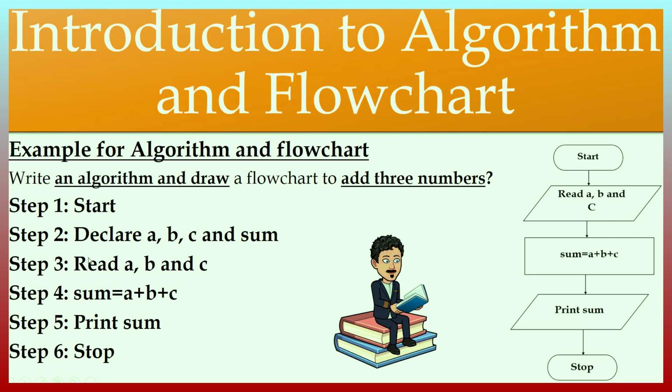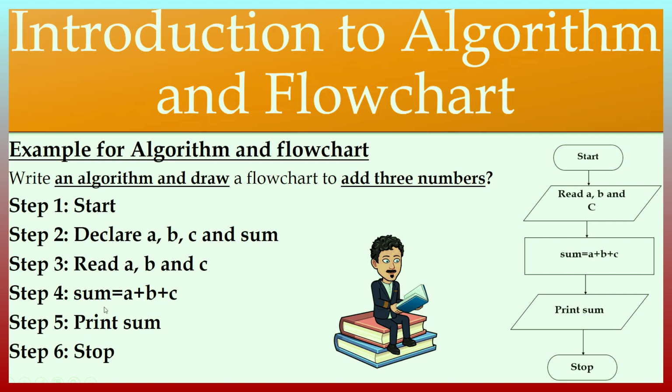Step 3, read. What does read mean? Now you have the memory, and you want to get the values. Who will give the values? The user. Whoever is going to use this program will provide the values. The first value I'm going to store in A, the second in B, the third in C. Step 4, sum.